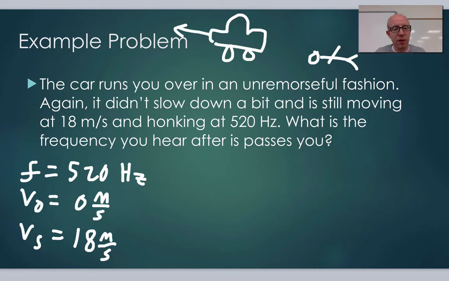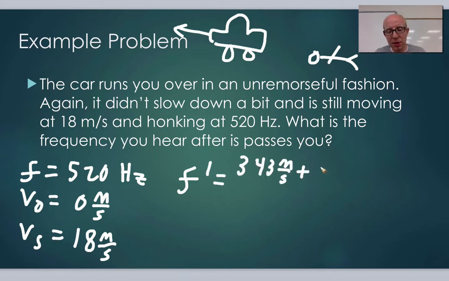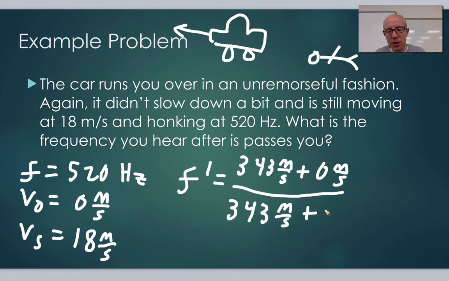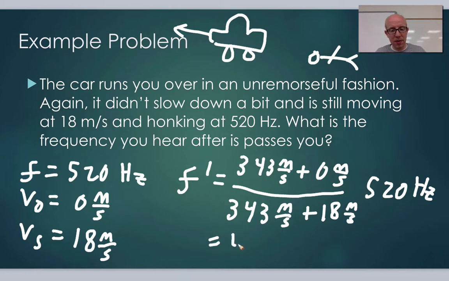So we have that our new perceived frequency is 343 meters per second plus 0 meters per second over 343 meters per second plus 18 meters per second, all times 520 hertz. And when we plug that in one last time for this problem, we get 494 hertz.